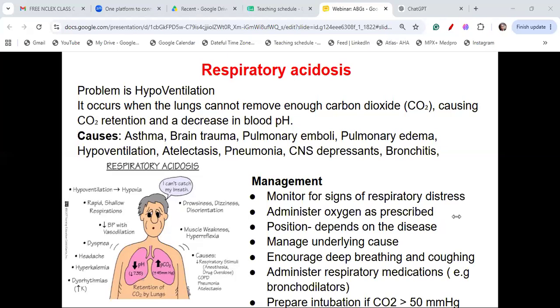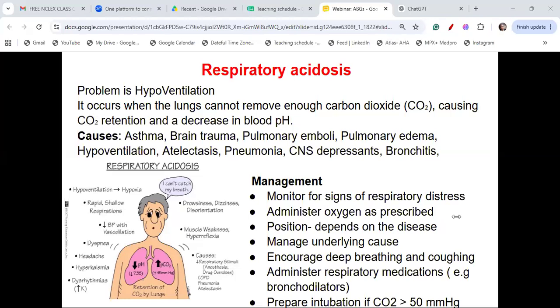Examples of central nervous system depressants are opioid overdose, sometimes even sedatives and anesthesia; all those will affect the CNS. We also have other conditions that affect the neurons, neuromuscular disorders like myasthenia gravis and spinal cord injury. So think about anything that's going to interfere with ventilation, leading to hypoventilation.